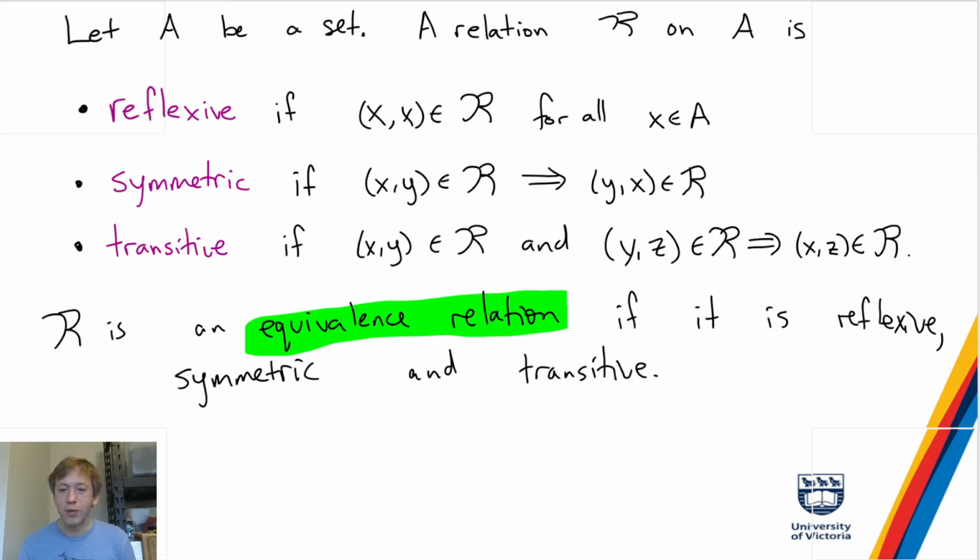You should also remember we had another special property of relations, which was antisymmetric. Antisymmetric is an important property of a relation, but it's not something that shows up in the definition of an equivalence relation. So you should always remember an equivalence relation is reflexive, symmetric, and transitive, not necessarily antisymmetric.